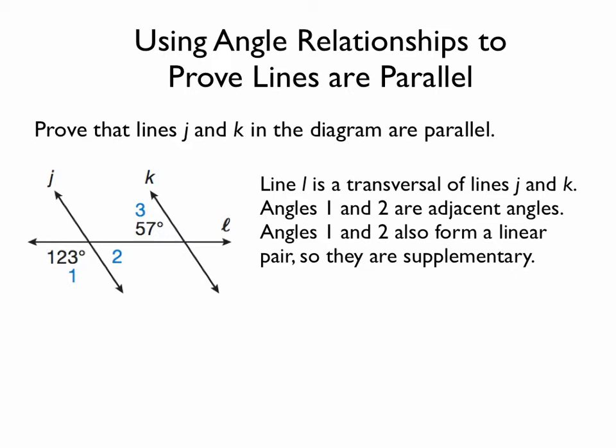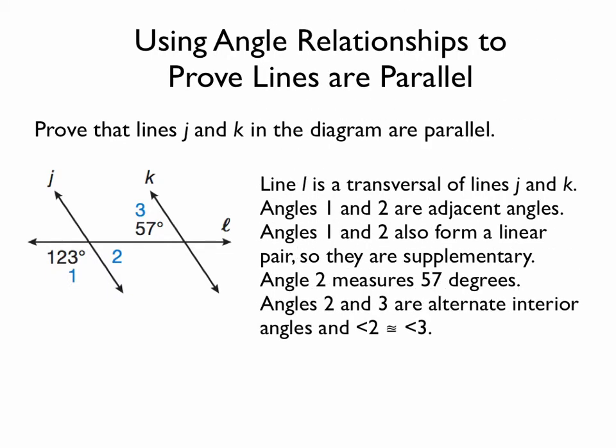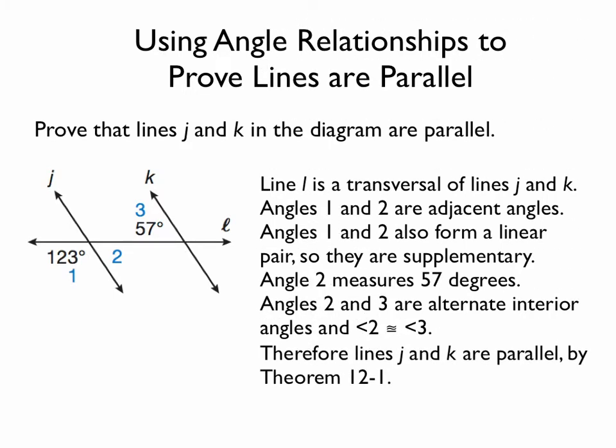They are actually a linear pair, therefore they're supplementary. So since they're supplementary, we know the measure of angle 2 is 57 degrees. And now we know that 2 and 3, which are alternate interior angles, are congruent. Therefore, lines J and K are parallel by the converse of the alternate interior angles theorem.